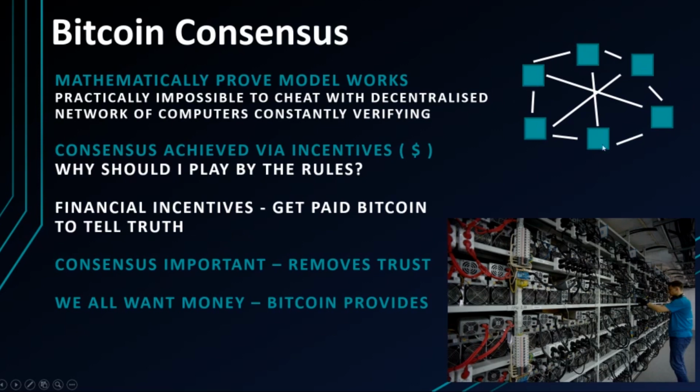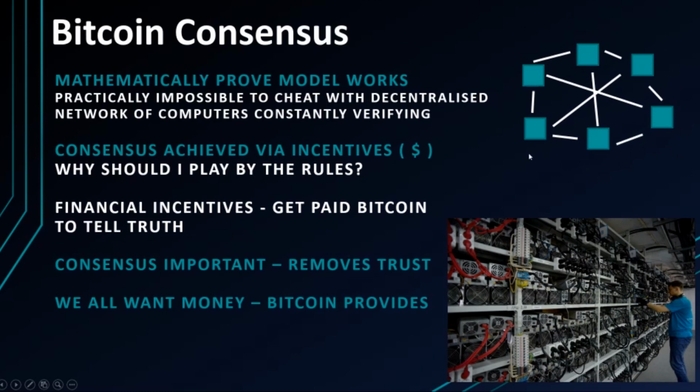These nodes are all connected to each other in one way, shape, or form. They're always talking, always verifying. It's going to make it very, very hard and practically impossible to cheat and falsify any transactions when all these guys are constantly double checking, triple checking the network. And all these guys will talk together and verify and come to a consensus together in one mind.